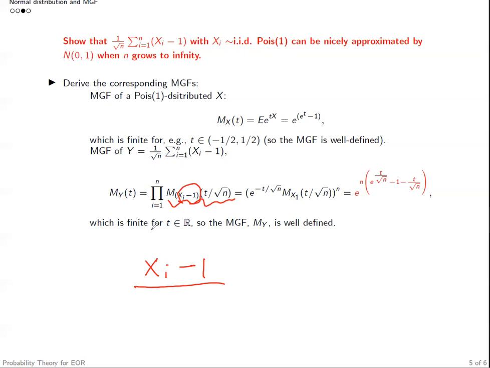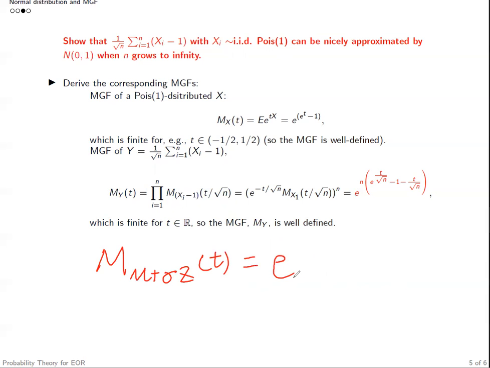If we recall the formula for the location-scale transformation, for mu plus sigma z, the moment generating function at t is equal to e to the power mu t multiplied by the moment generating function of z evaluated at t sigma.